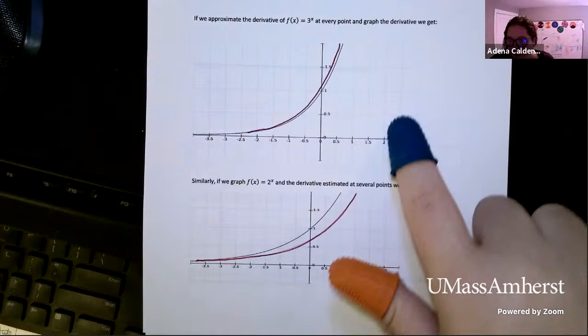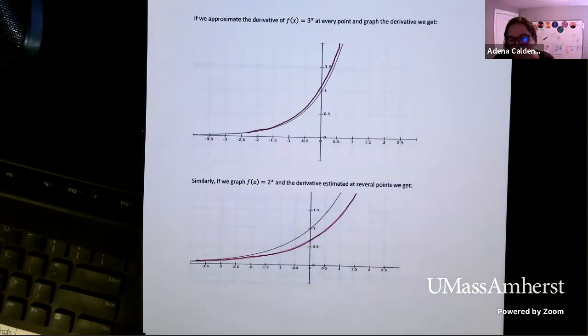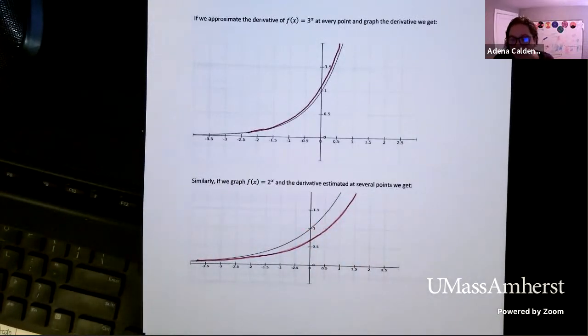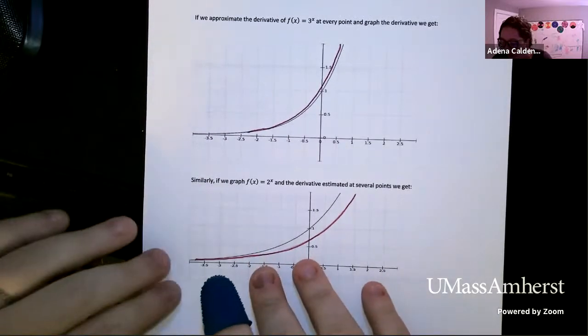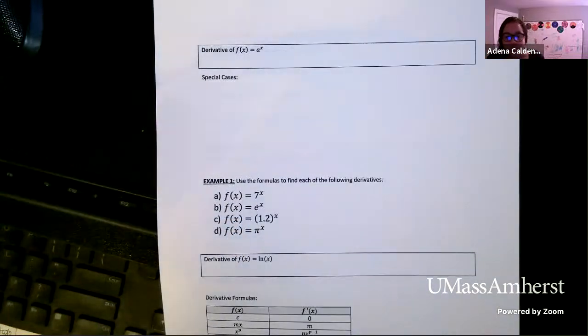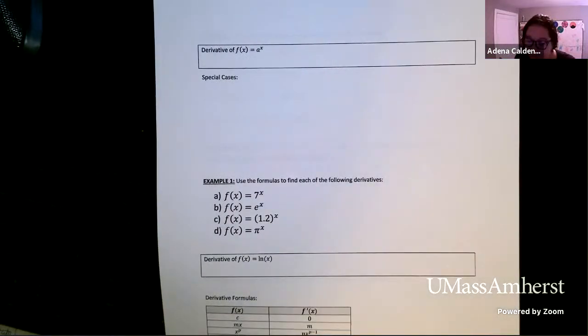Because they have the same sort of growth pattern, but it's a slightly different exponential function. It looks like it's been multiplied by something, right, to make it slightly different. And so again, if you look at enough of these, right, over time, you start to notice some patterns. And it turns out that there is a pattern for exponentials and that we can use that pattern to then come up with our formula.